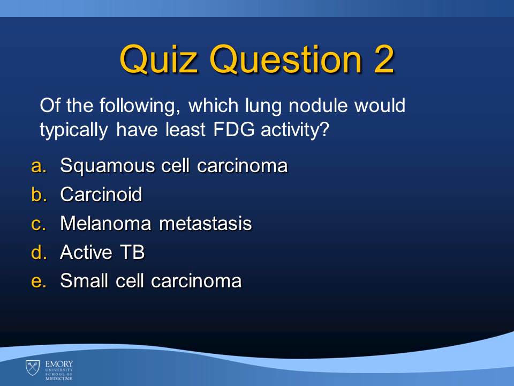Second question. Of the following, which lung nodule would typically have least FDG activity? Squamous cell carcinoma, carcinoid, melanoma metastasis, active TB, or small cell carcinoma? And the answer is carcinoid.